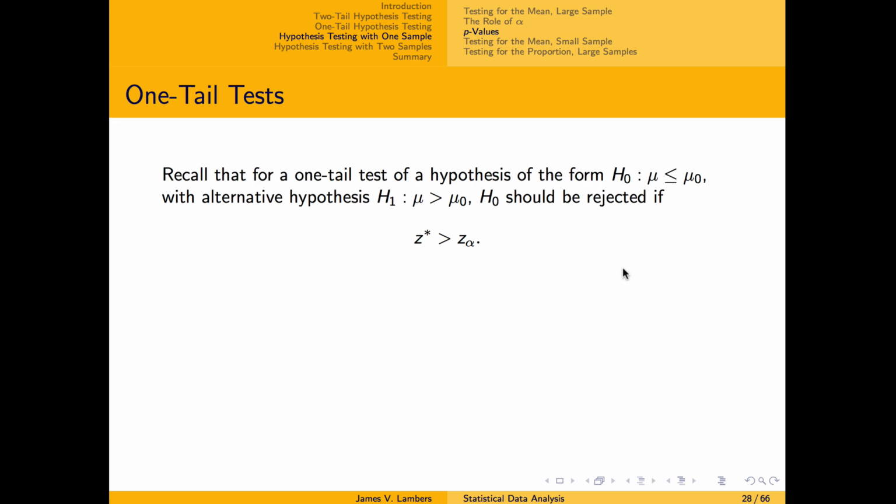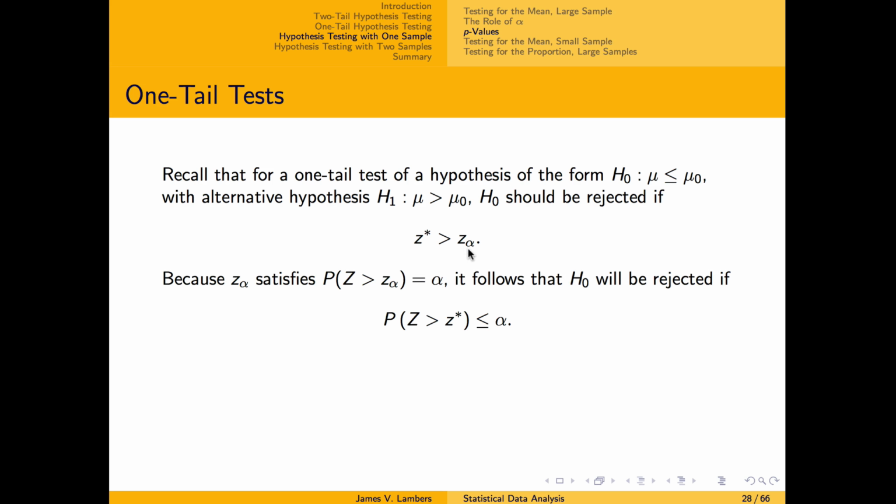First, we consider the case where the null hypothesis is mu less than or equal to mu naught. So the alternative hypothesis is mu greater than mu naught. In this case, H0 should be rejected if the test statistic z star is greater than z alpha. But z alpha is the z value such that the area under the standard normal distribution curve to its right is equal to alpha.